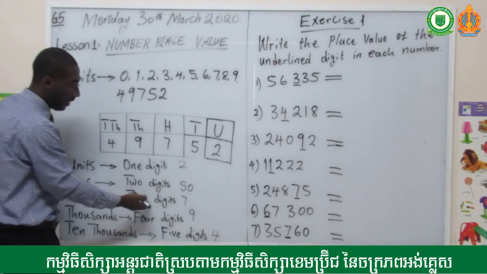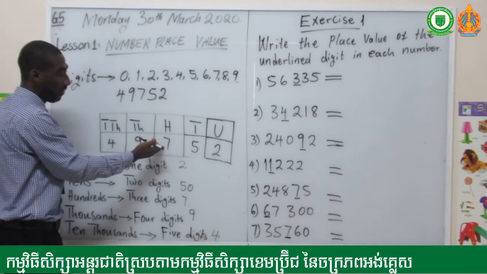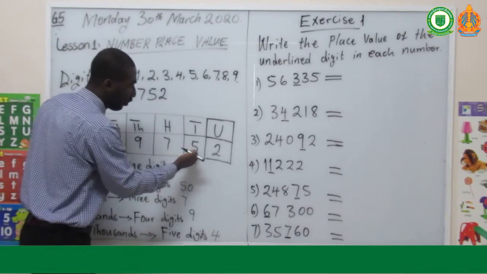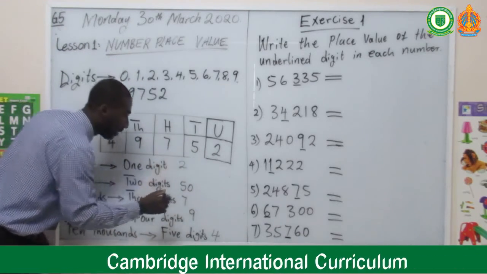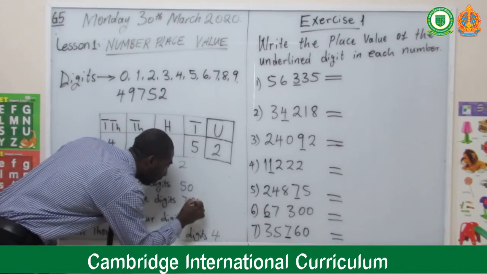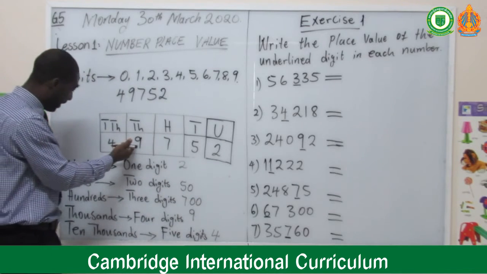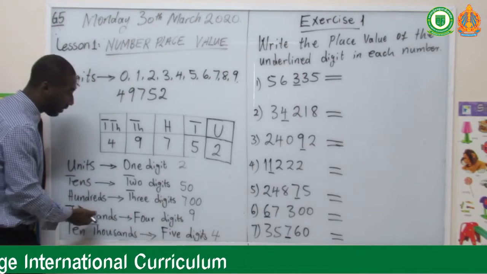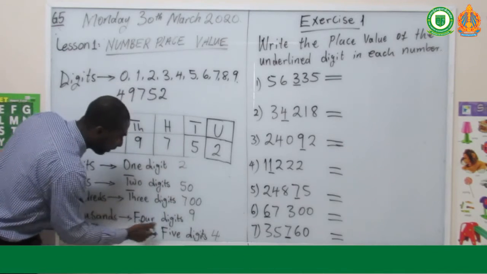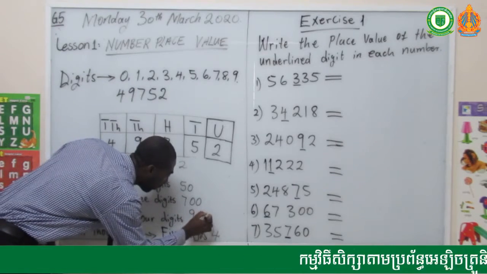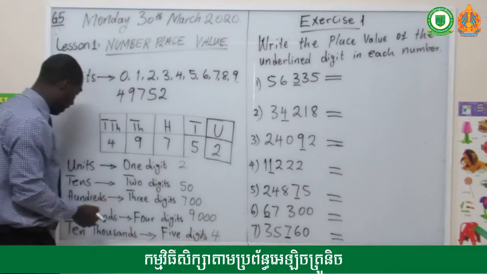Hundreds, 3 digits. So your 7, it has 2 spaces here in addition to the 7. We make it 700. Our 9 is in the thousands and it forms 4 digits. So we add 3 zeros to it.